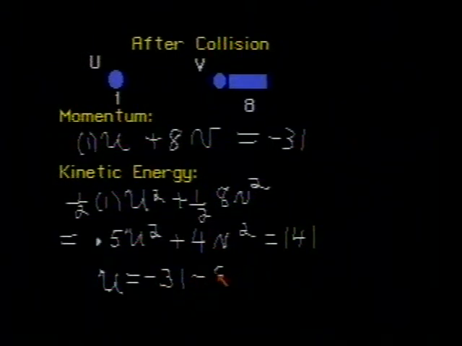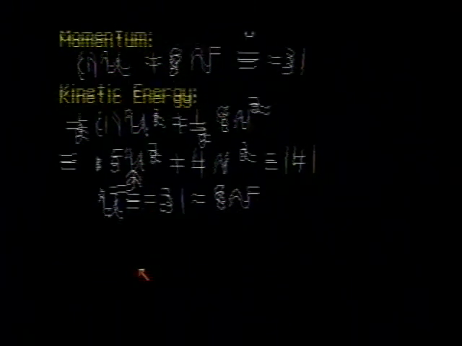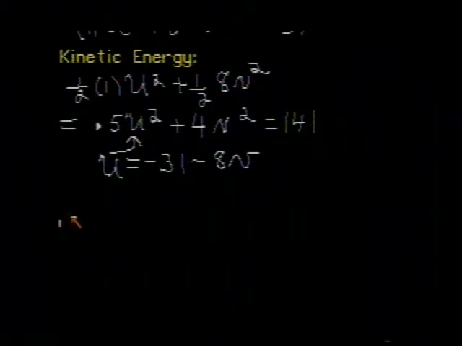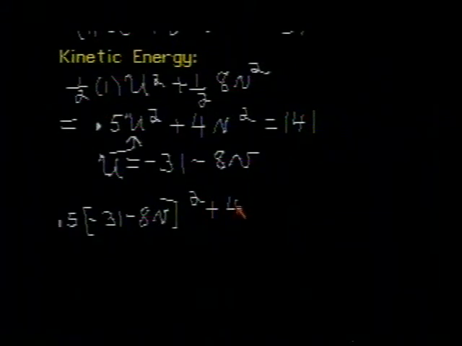And then substitute this value for u into the second equation here and write that we now have 0.5 times, and I'll put it in brackets, minus 31 minus 8v, that is to be squared, plus 4v squared is equal to 141.